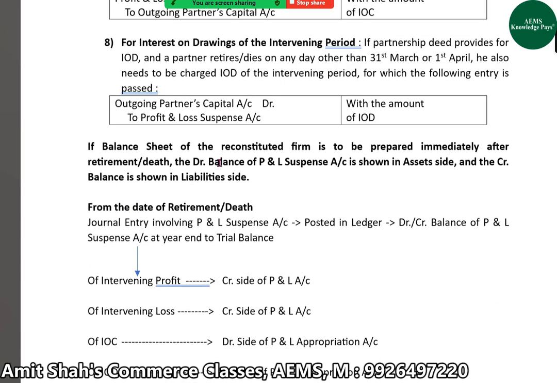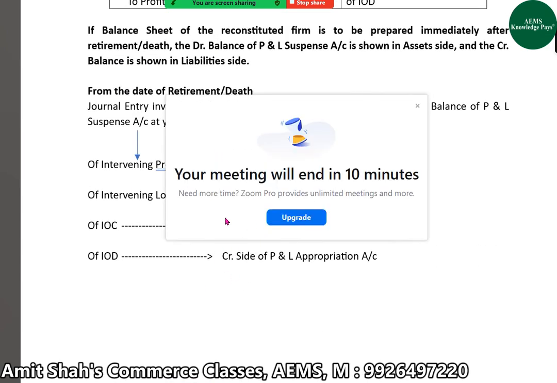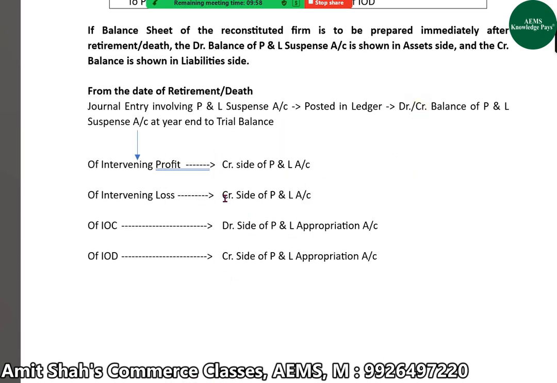Then you will show it on the credit side of P&L account. I'm sorry, on the debit side of P&L account. No, it would be debit and this is credit.